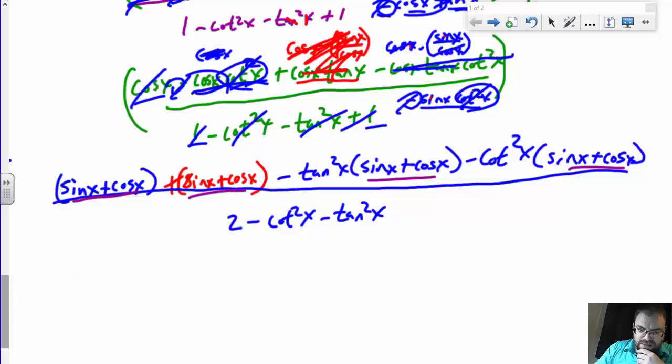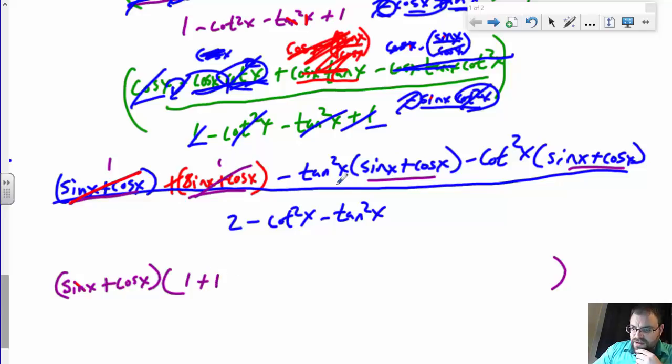So basically I'm going to say this is sine of x plus cosine of x factored out, and I'm going to divide every one of these terms by sine of x plus cosine of x. So if I divide it by itself, I get 1. So that's 1. If I divide this by itself, I get 1. So that's plus 1. If I divide this by itself, this is going to give me negative tangent squared.